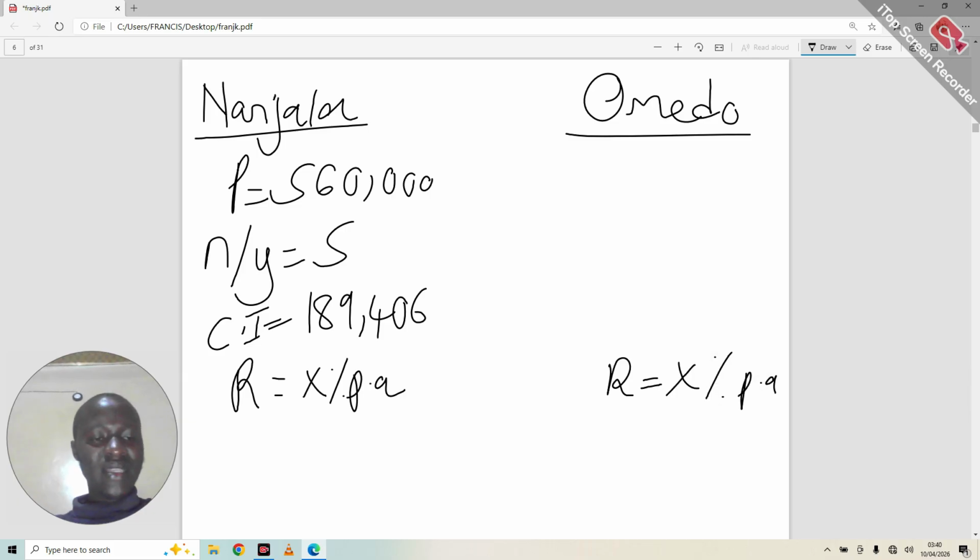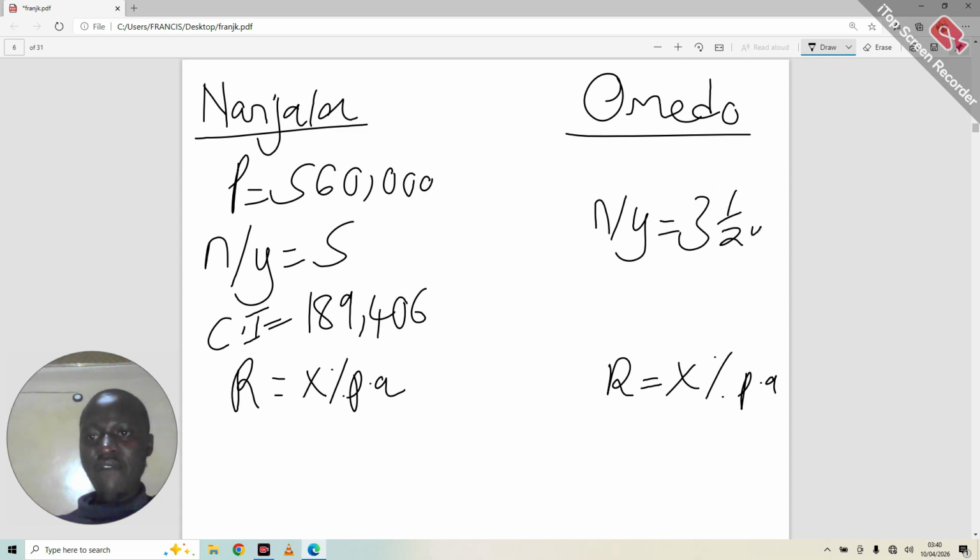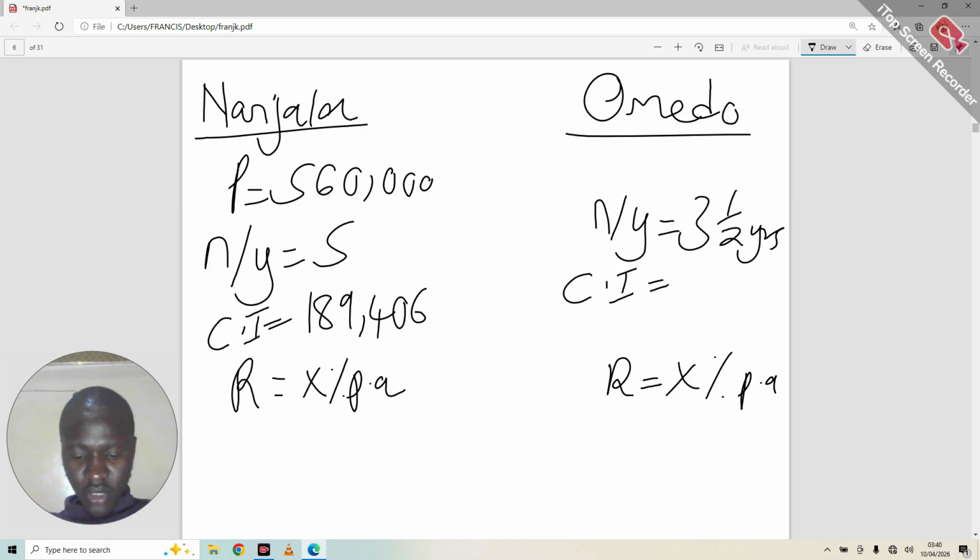So their rates are the same, all right? Omedo invested for 3.5 years. So the number of years for Omedo is 3.5 years. And under compound interest, of what?